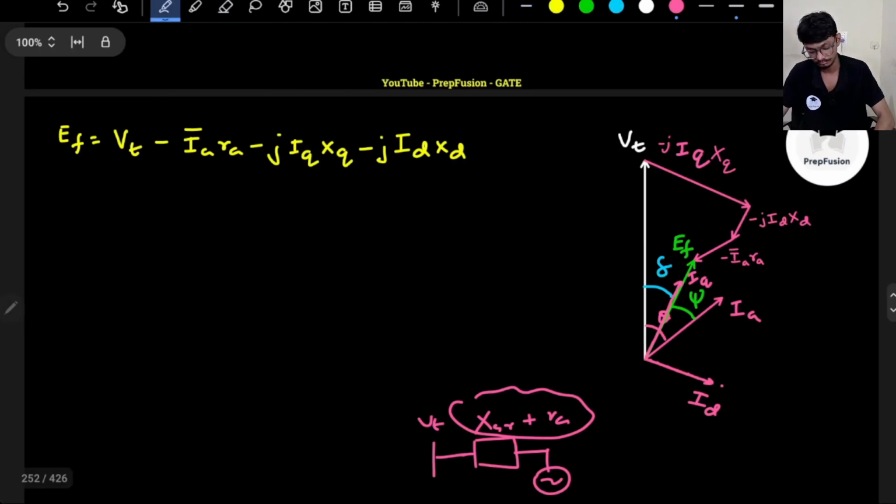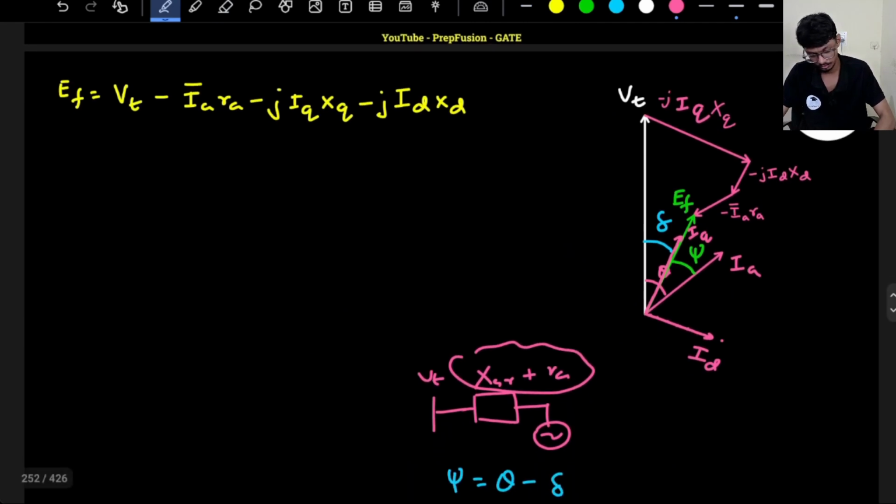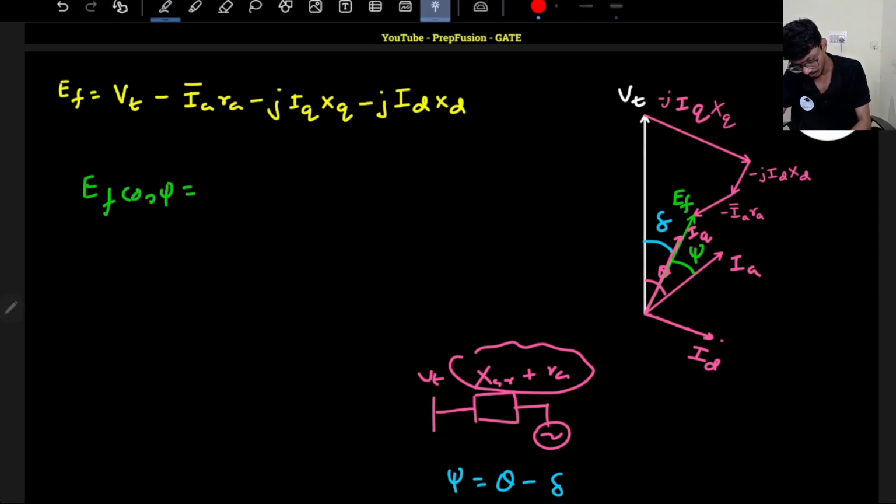So again if you do the derivation, you can find out there will be two components. So again what will be your EF cos I, this time I will be fast, EF cos I, remember this is negative, right?